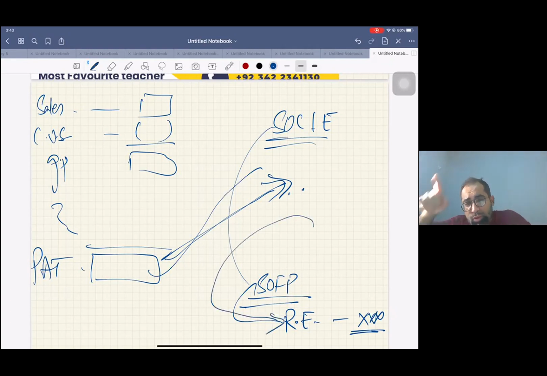So it's all connected. Now go back four or five years, when there were no CBE papers, only paper and pen. Let's just think, you have solved a question, and after solving it you came to know there is a mistake in the sales figure.